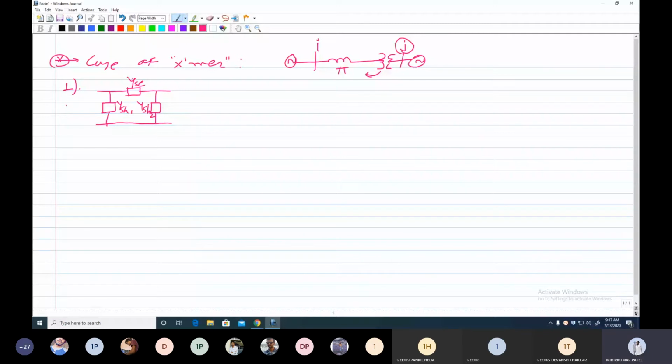Here we have the series element. What is the value of the series element? Those who have attended the lecture of Friday, what is the value of this series element, YSE or transfer element?